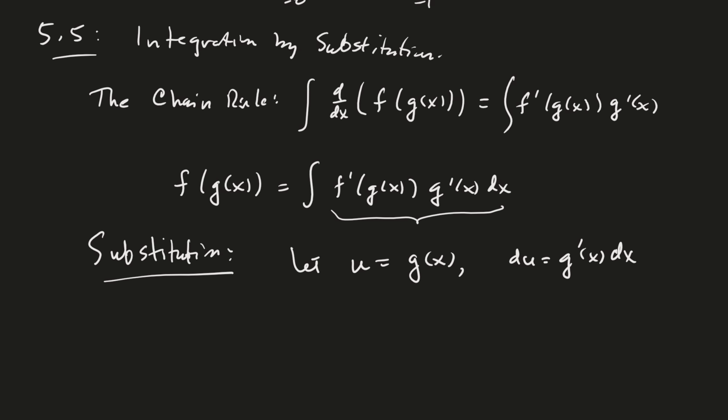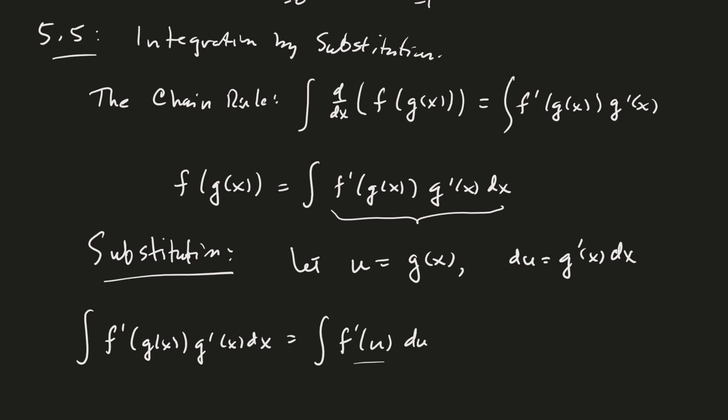So the integral of f prime of g of x, g prime of x dx, becomes the integral of f prime of u du. And now this is really easy to anti-differentiate, right? That's just f of u, which of course is f of g of x. Good.